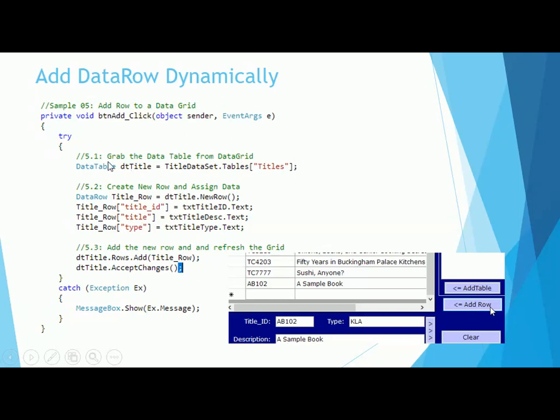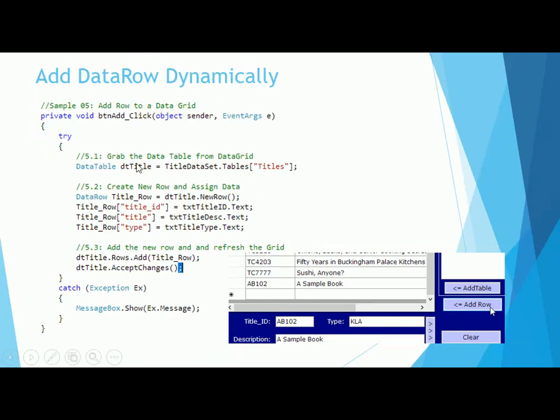Then we are creating a new row for the data table, because we are going to add a row. So user is not going to edit this data row directly. So they will enter some data here, then they will click add row, and the new row is added with this data. So that's the intent.